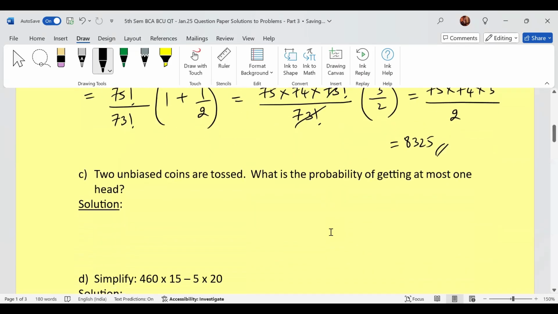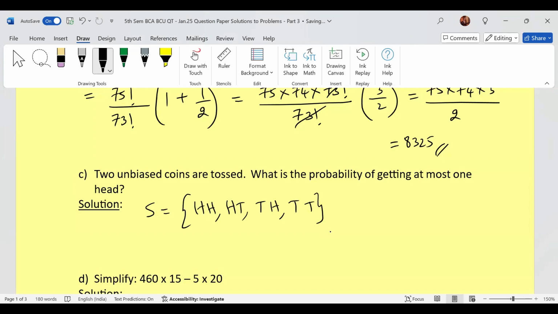Next one, two unbiased coins are tossed. What is the probability of getting at most one head? So the sample space for the two coin tossing will be HH, HT, TH, TT.